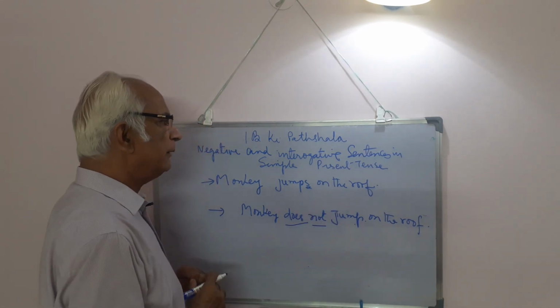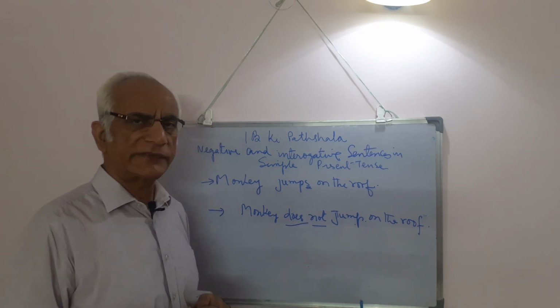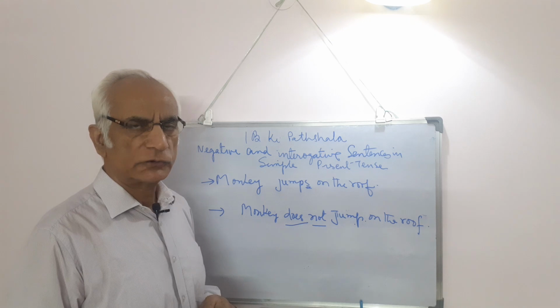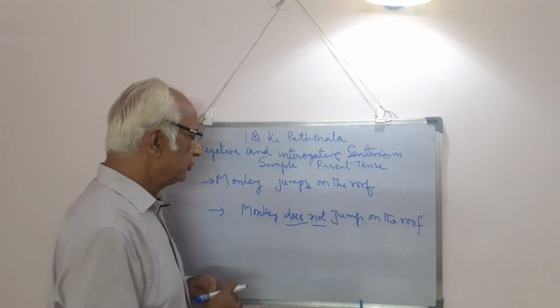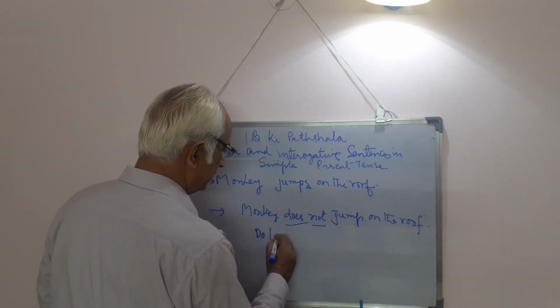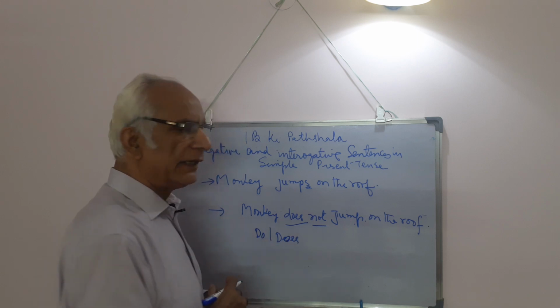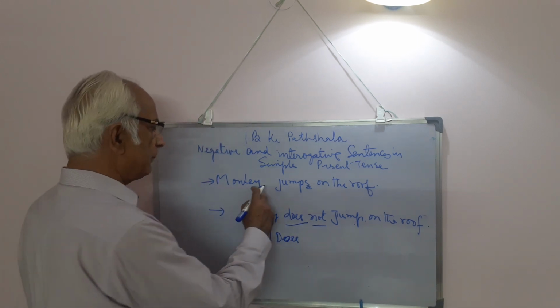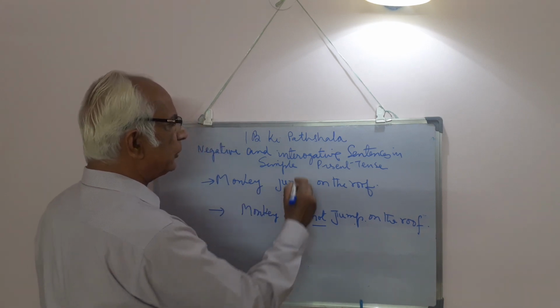Now, how do we make an interrogative sentence? Interrogative sentence is asking a question. So, whenever you have to ask a question in simple present tense, you will start the sentence with do or does. So, this will be the first word in an interrogative sentence. For example, this sentence we have to change into interrogative.